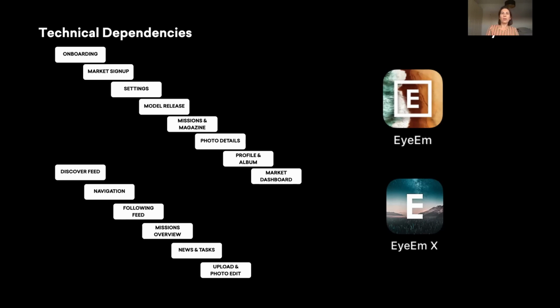Here we're adding all those features that don't have dependencies on any higher screens. For example, onboarding is an isolated set of screens by itself, same as sign up, and settings is something that comes very far down in the app architecture. It doesn't have any dependencies on other screens. So these are the things we're able to add to our production app.